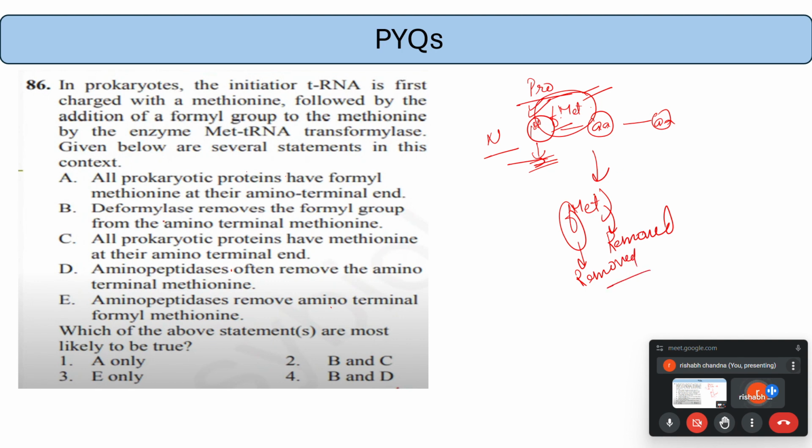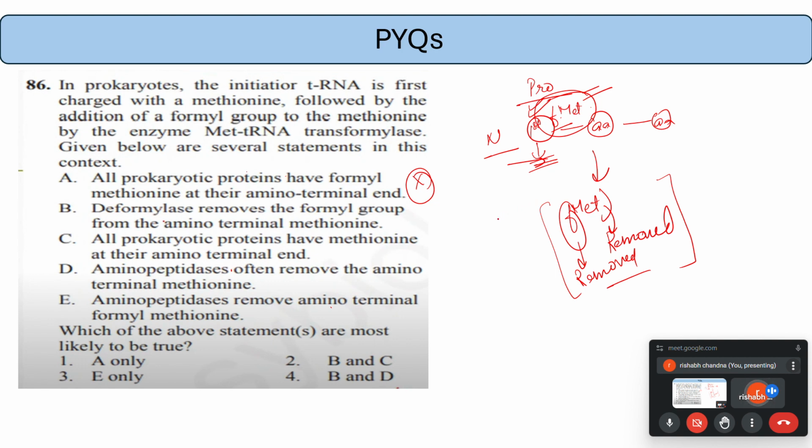Okay, so it does not remain in the prokaryotic proteins. So this is the case with the prokaryotic proteins. Now we'll see the options again and then we'll deduce the answer. All the prokaryotic proteins have formyl methionine at their amino terminal end. So this option is wrong because the formyl group or the formylated methionine is removed from the proteins.